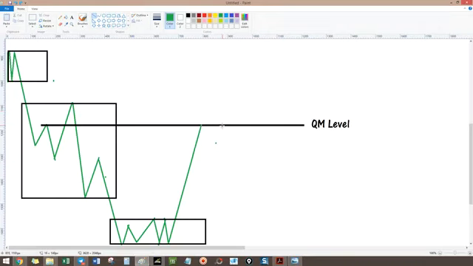No, it does something like this. Okay, do something like this, and then like that, and then like this. Okay, you see price retouch here and give you a trade.